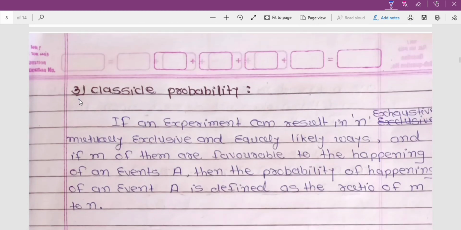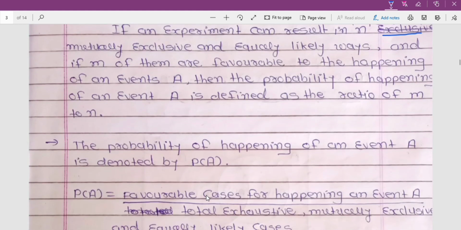Now let us see the third definition, classical probability. If an experiment can result in n exhaustive, mutually exclusive and equally likely ways, and if m of them are favorable to the happening of an event A, then the probability of happening of an event A is defined as the ratio of m to n.